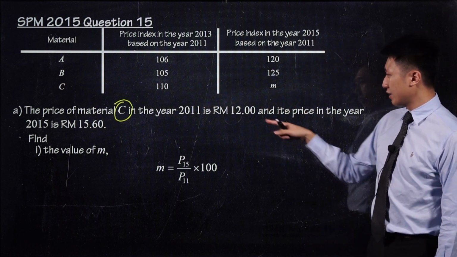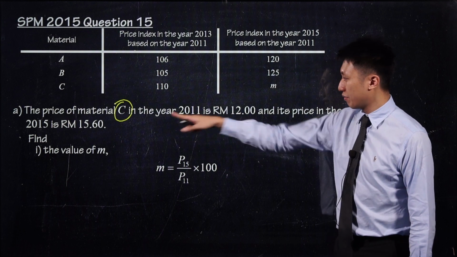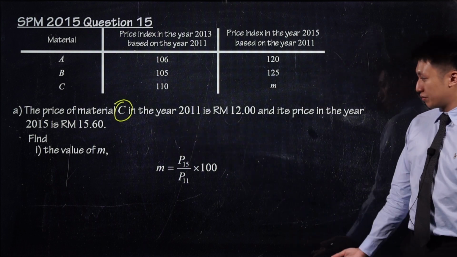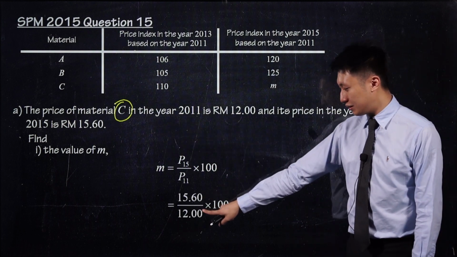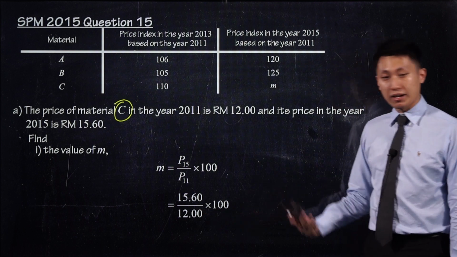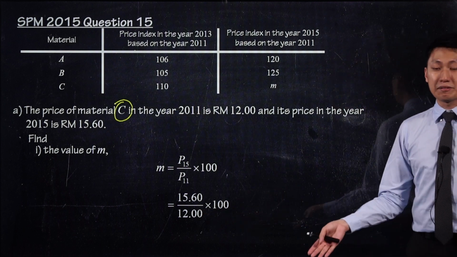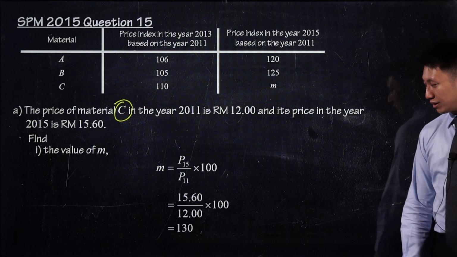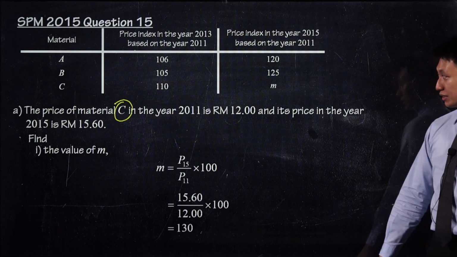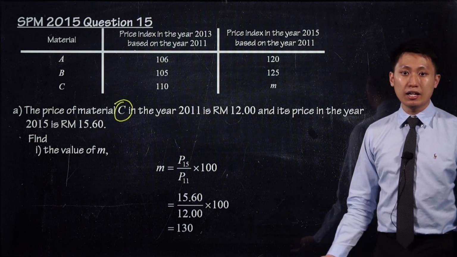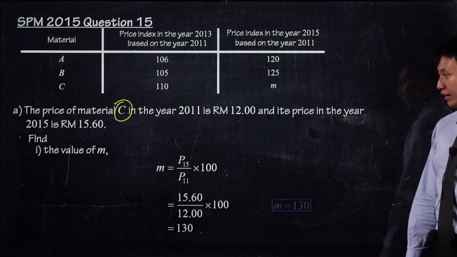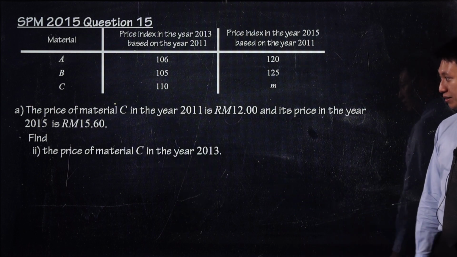So 11 is this one. Okay, 15 is that one. So it's very easy. Just substitute these things in times 100, get the answer. Okay, this is direct substitution. You should be able to get this one easily. Okay, 130 means increase by 30%. Okay, great. So M is 130.